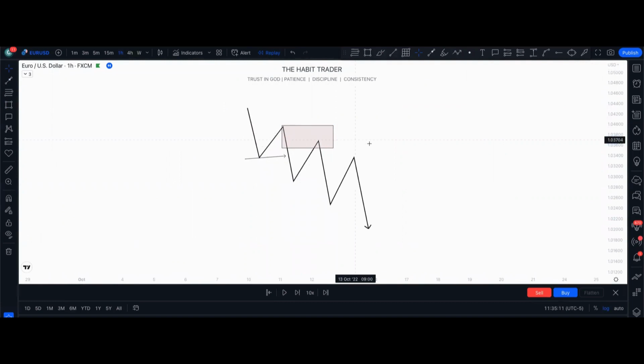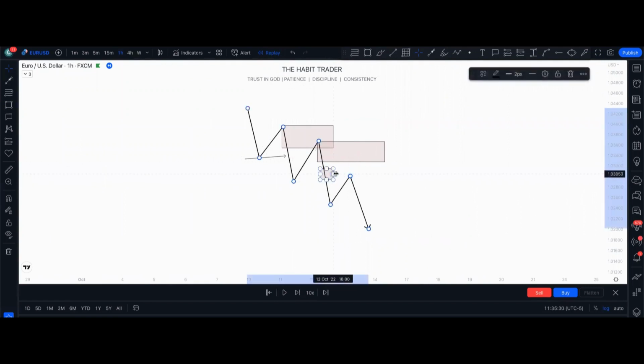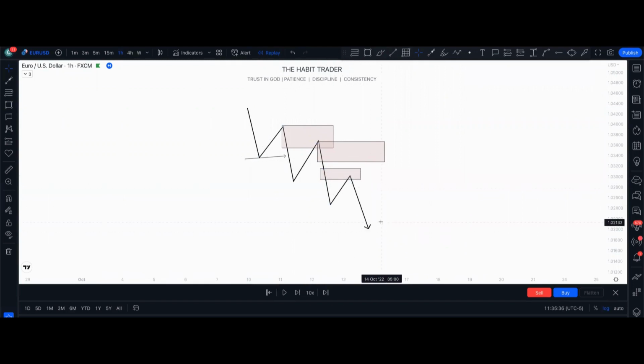So as well as on this area. So it will create a supply zone every time it breaks structure. So maybe it's not in this area, but sometimes here in this area, and then price will go here and test and then make another low again.